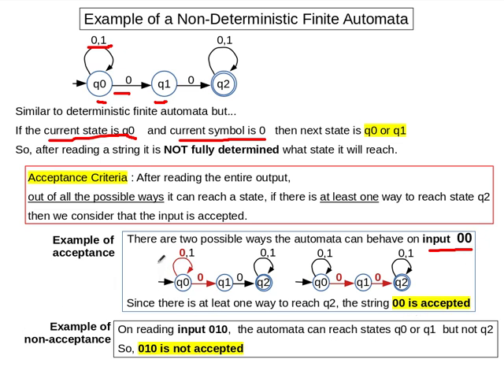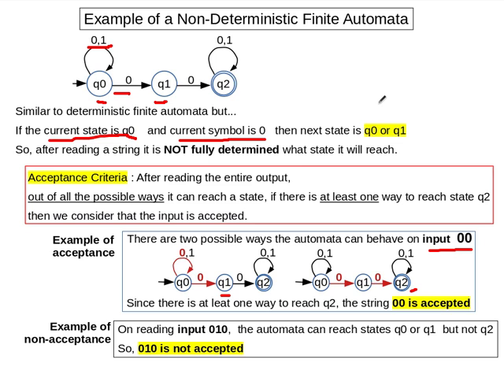One behavior could be that it first took this path on the first 0 and then it took this path. So after reading 0 0, it's in Q1. Another behavior could be that on the first 0 it took this arrow, and then on the second 0 it takes this arrow. So now it is in Q0. So then how will we interpret this?